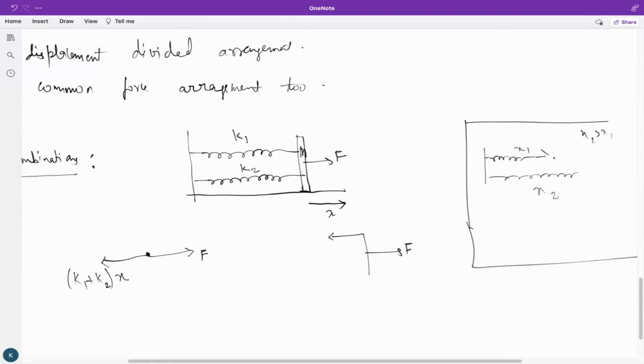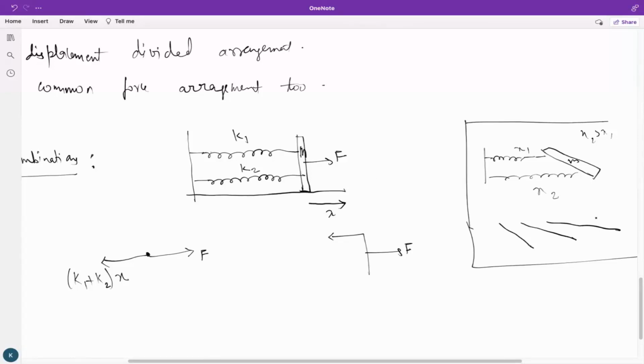How does our block move? If both have different displacements, our block moves in a tilted direction. It's not moving in a vertical direction. It moves something like this, if x2 is continuously greater than x1.